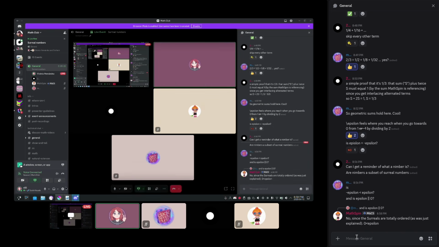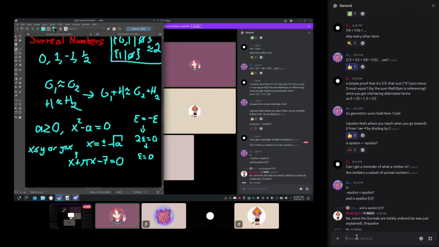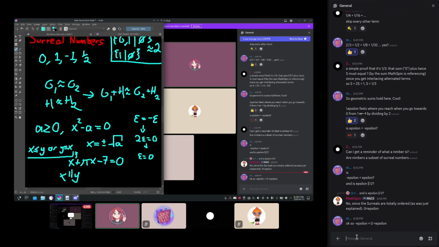You're never going to have x confused with y because they're a total order. In fact, that's kind of what this means. So the surreals are confusing, but they're not confused with each other. Basically, minus epsilon is less than 0, which is less than epsilon. That's kind of what you actually have.